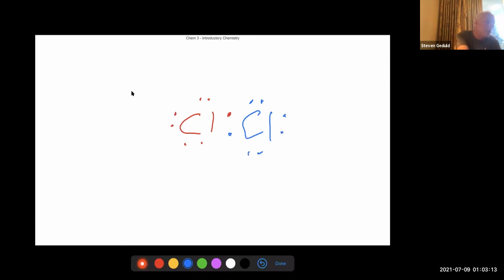Notice they can share 2 electrons between them. That's why chlorine gas is diatomic. It is Cl2. Because now each one has 8 valence electrons around it, and we would write this like this. Remember, when we draw a line, that's a chemical bond.